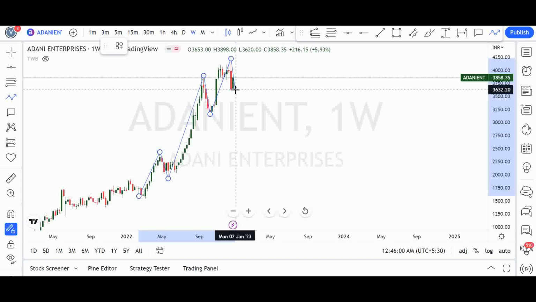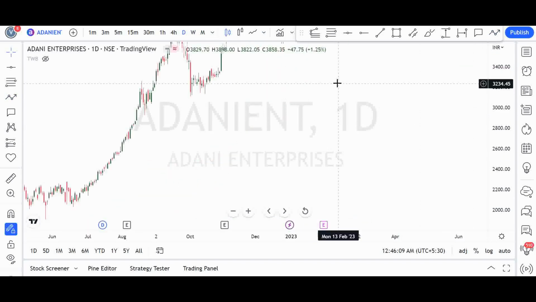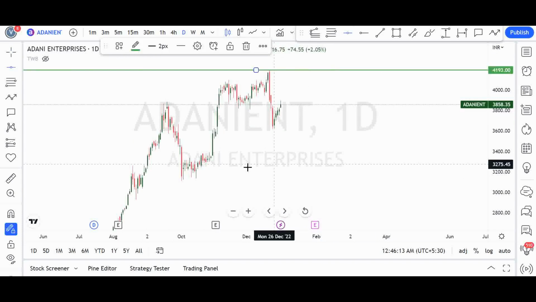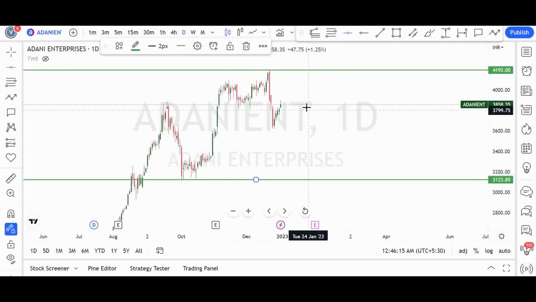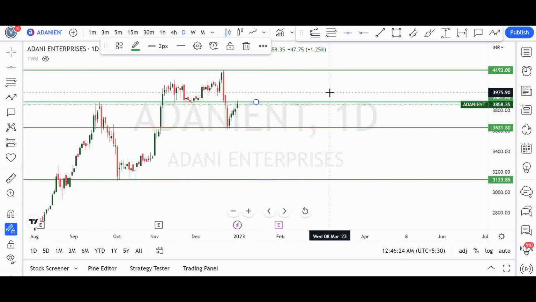Now we are going to shift to the lower time frame. I'm going to the day chart now. In the day chart, the first thing you have to do is mark the major resistance and support levels. This is the immediate resistance, and then this is the next resistance.